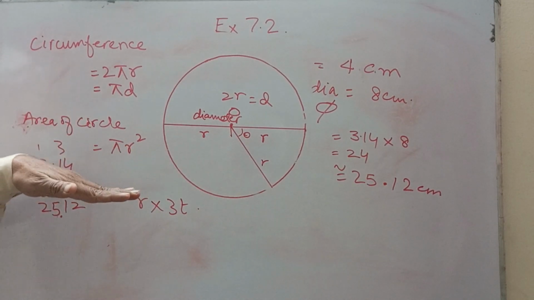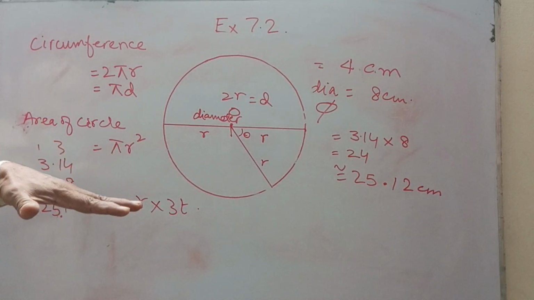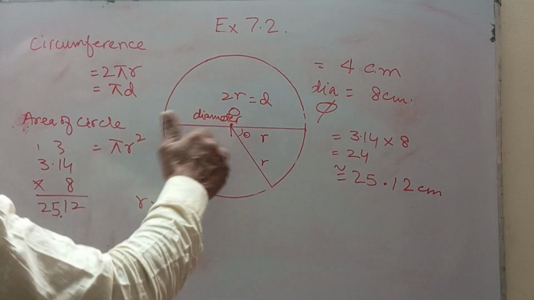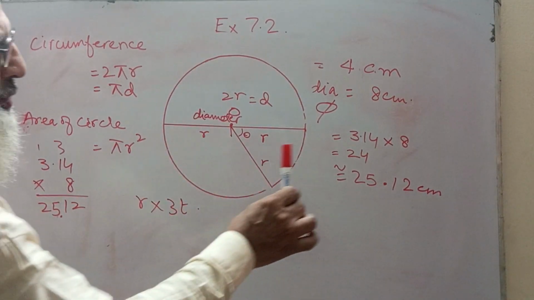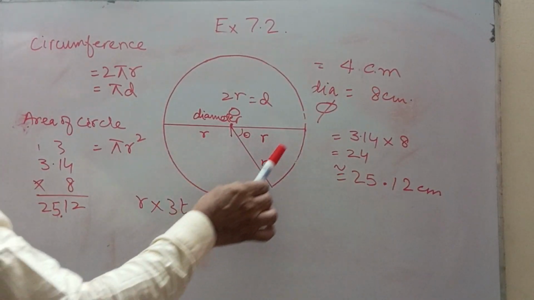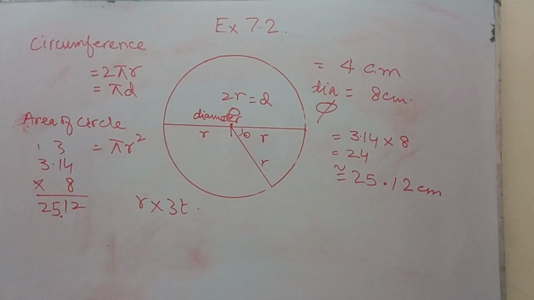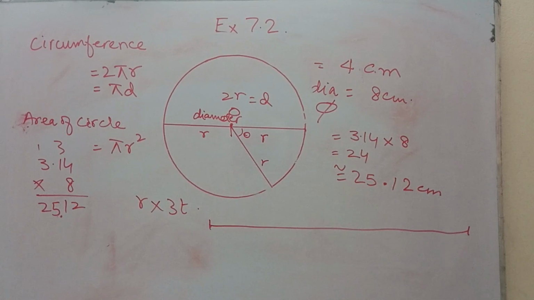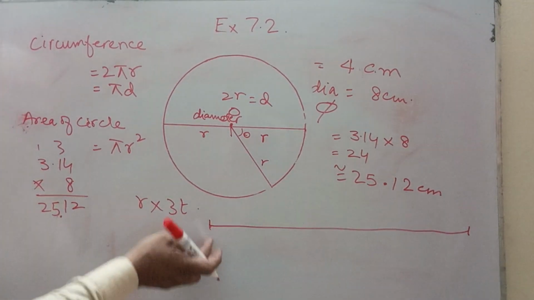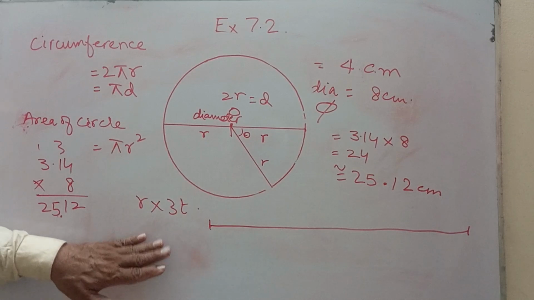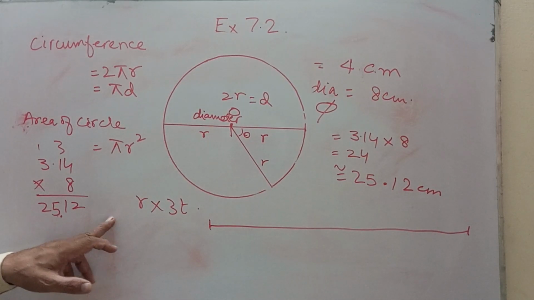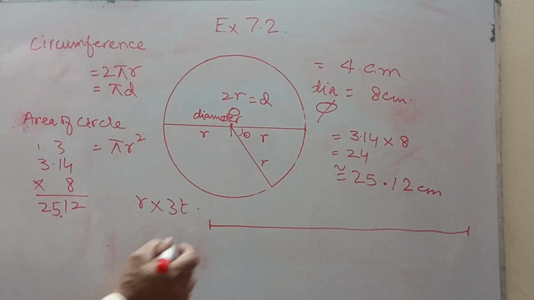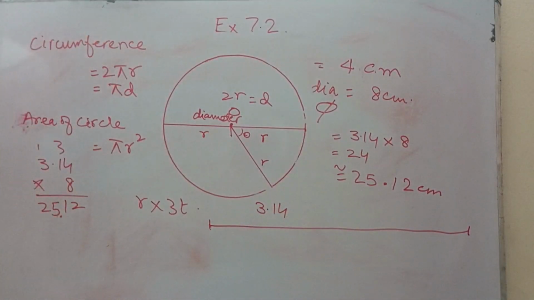By repeated practicals and theories, it has come to be known that each time this string is opened like this, from here to here, the length comes to three times the radius, and very precisely, 3.14 times the radius.